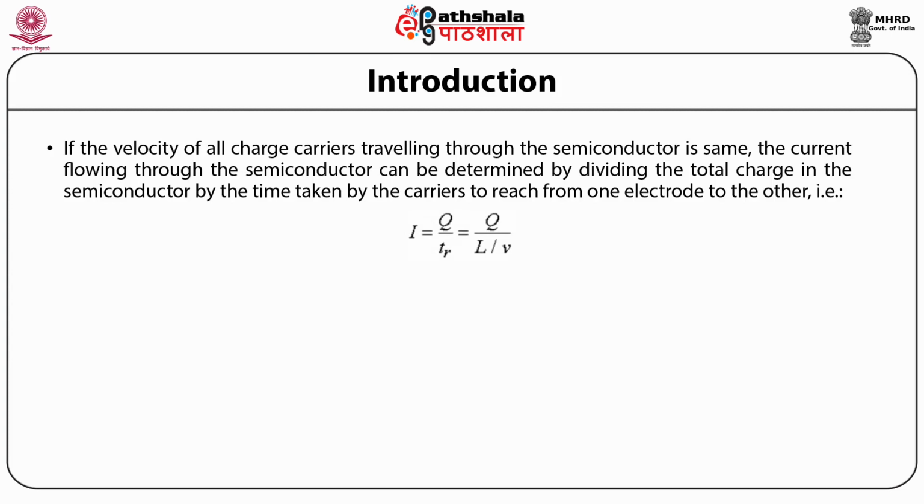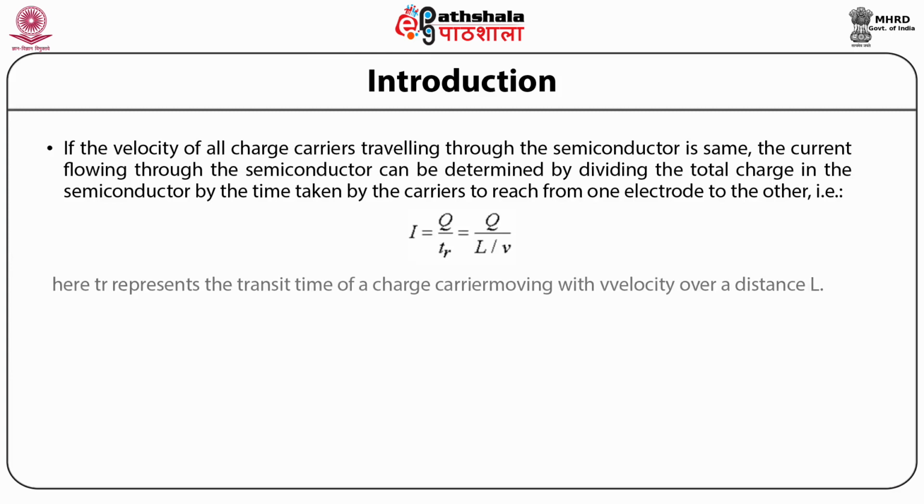That is, I equals Q divided by T_R, which is further equal to Q divided by L divided by v. Here T represents the transit time of a charge carrier moving with the velocity v over distance L.